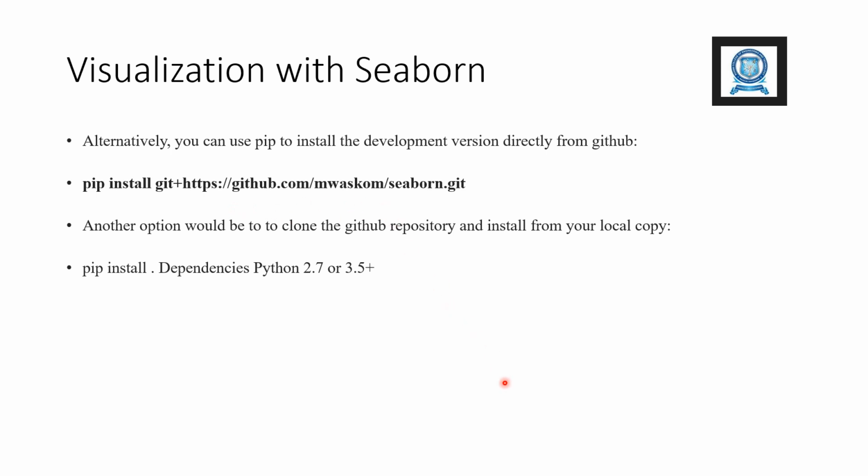Another option would be to clone the GitHub repository and install from your local copy. Dependencies have to be installed, that is Python 2.7 and R 3.5 plus dependencies. It is mandatory.